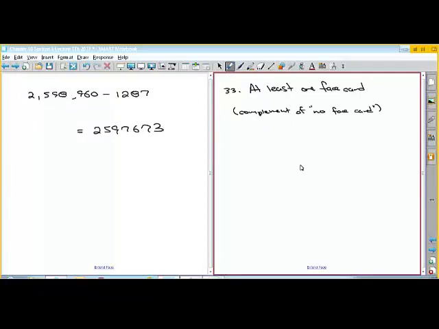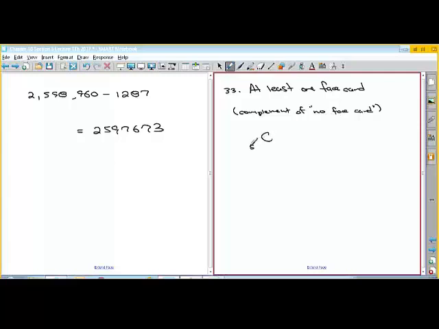Okay, let's try this. At least one face card, the complement of no face cards. So instead of answering this one, we're going to answer the complement. The question is, how many card hands have no face cards?